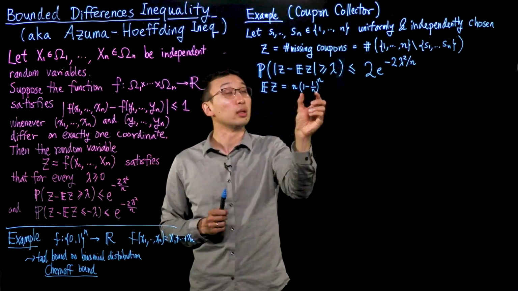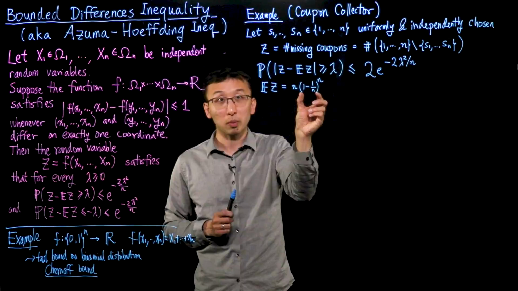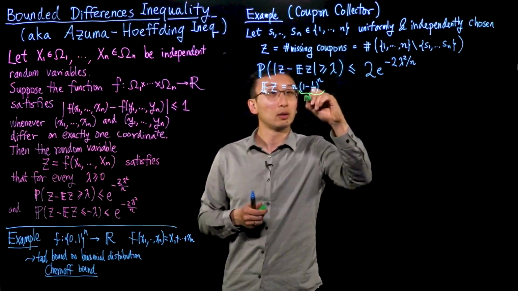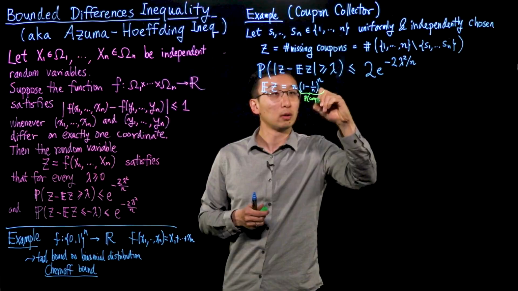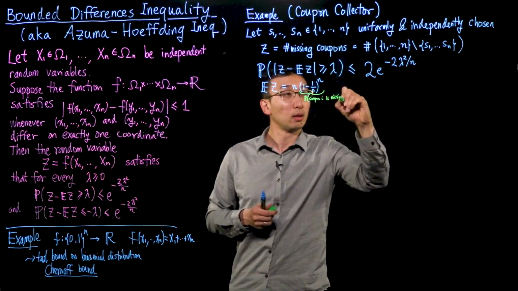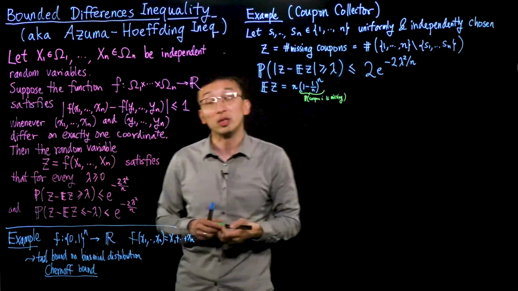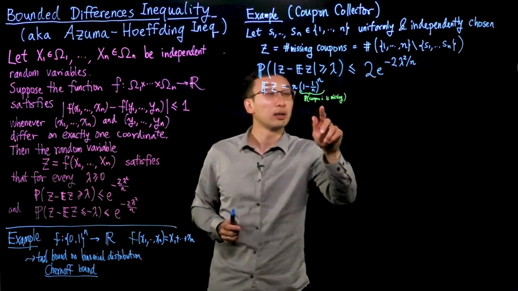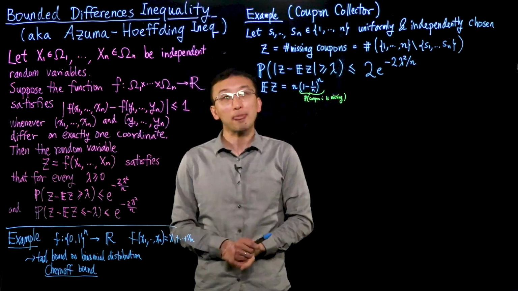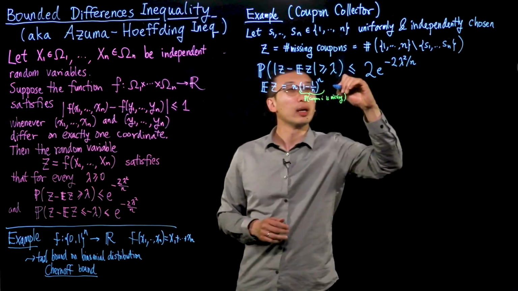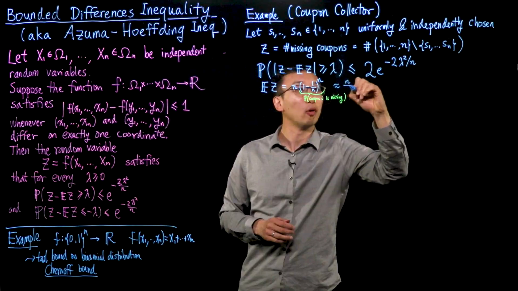Because this is the probability that a specific coupon i is missing, which is the event that coupon i is not drawn in each of the n different random draws. And this quantity is very close to n over e.